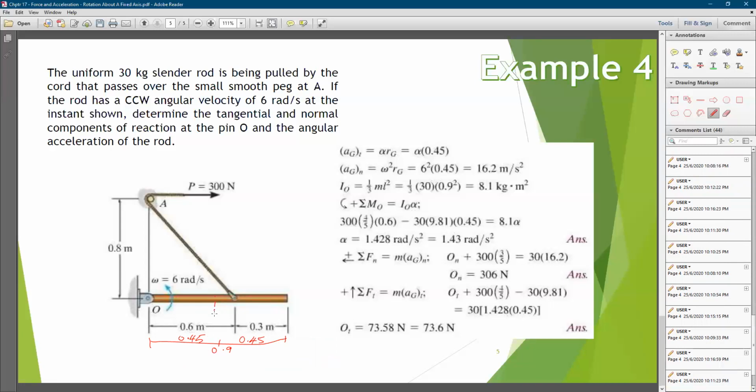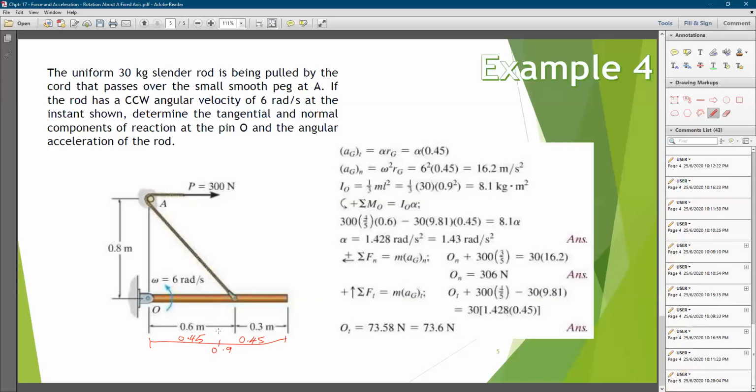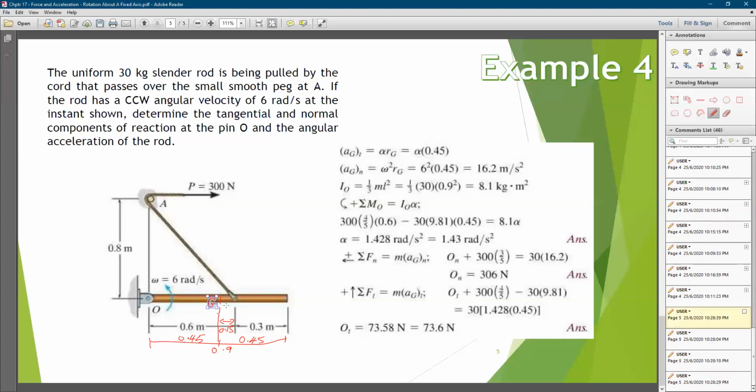If this is the center somewhere here, the difference here should be 0.15. That is our point G.